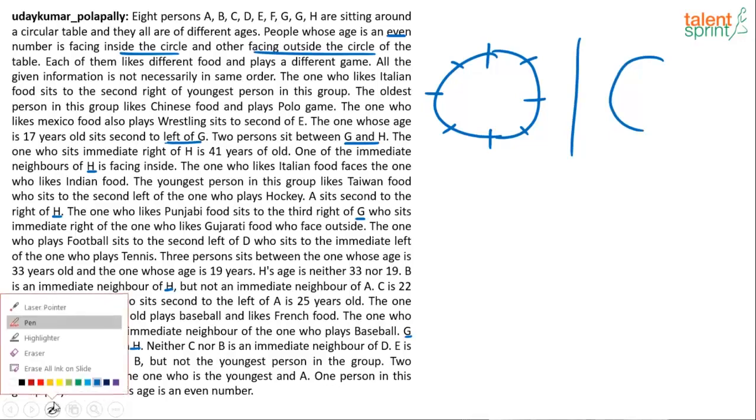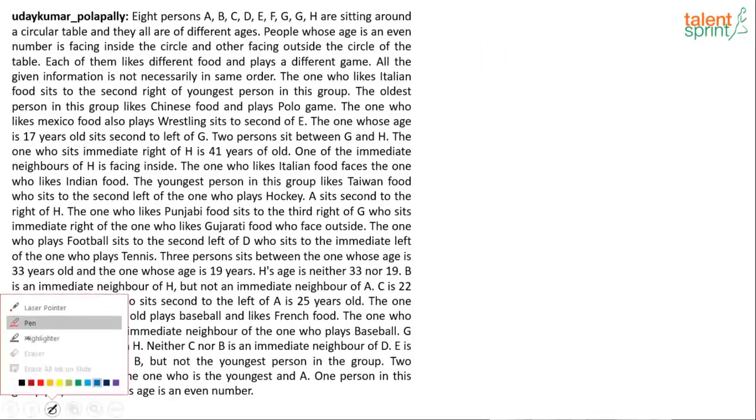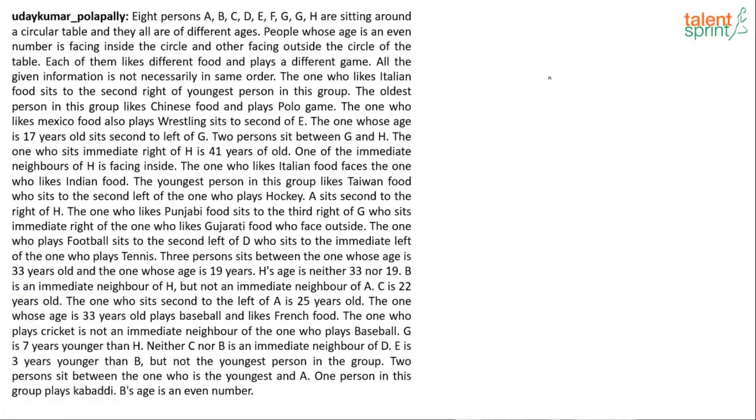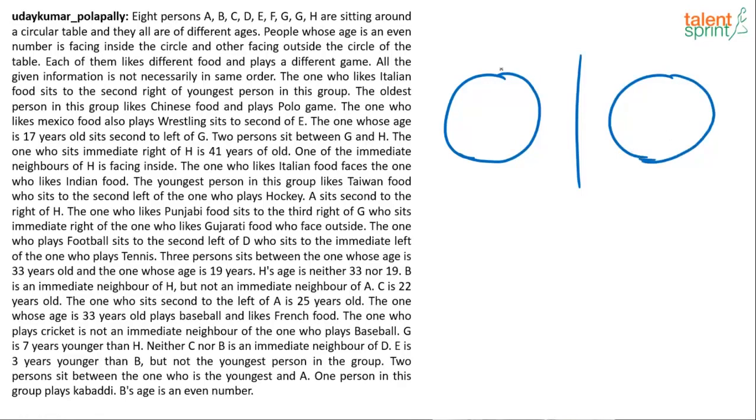I'll just do one thing. Let me redraw the circles. That is case number 1, and here is case number 2. So 1, 2, 3, 4, 5, 6, 7, 8, and 1, 2, 3, 4, 5, 6, 7, 8. Let me assume that G is here.